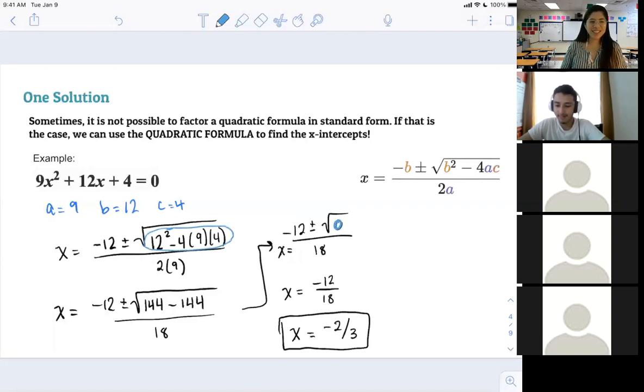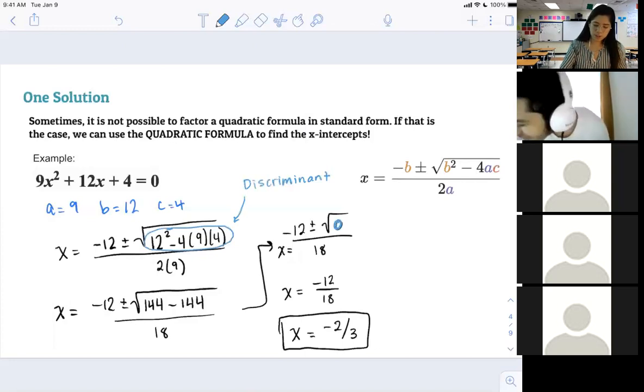No, it is not drug. All right, I'll give it to you guys. All of those values underneath the radical, that is called the discriminant. And when the discriminant equals 0, you only get one solution.